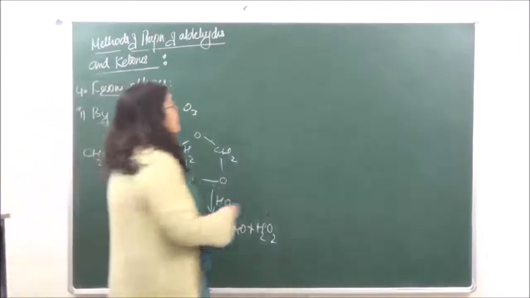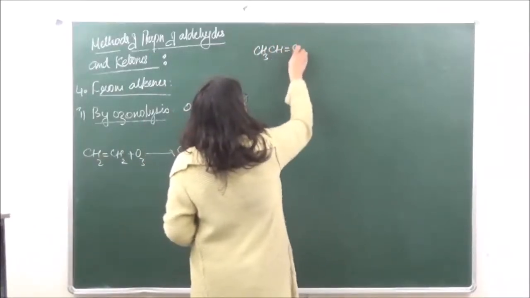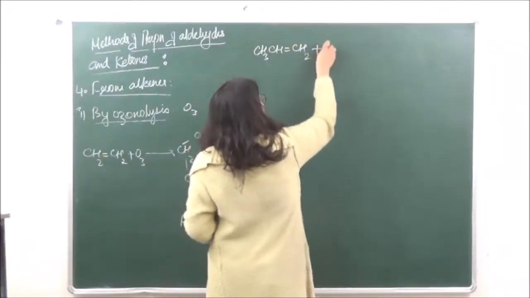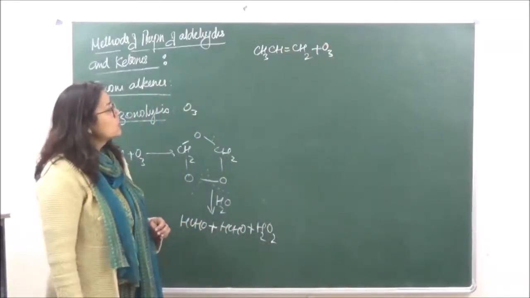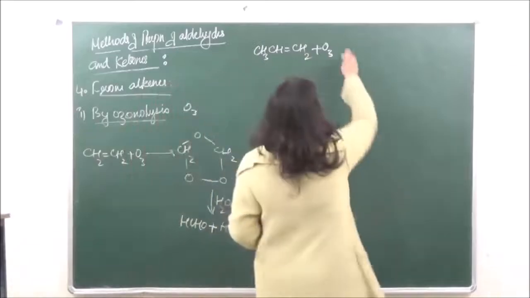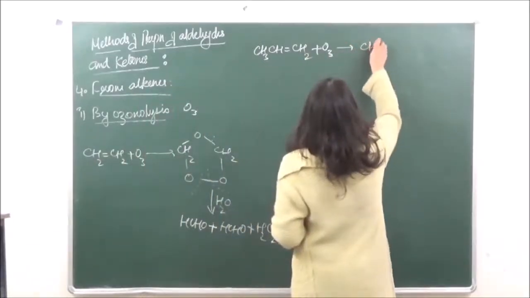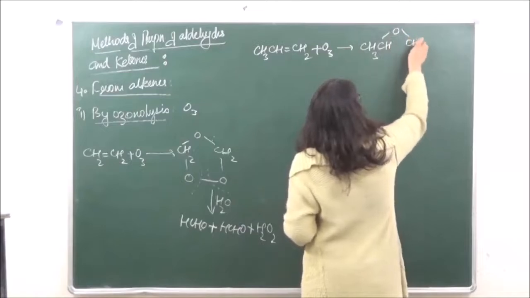If you're taking propene over here, plus ozone, as I just told you, the oxygens are going to add along the double bond, such that we have propylene ozonide which is going to be formed over here.